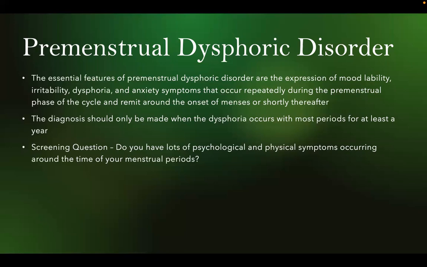So that's where the DSM-5 has that provisional diagnosis, or they very well might meet diagnosis for another disorder, but this is something that basically needs to be assessed for a year. Once the person comes to you, they may have had a year of symptoms, but if they've only had 6 months of this, you have to wait another 6 months for this diagnosis. And then a screening question for this is, do you have lots of psychological and physical symptoms occurring around the time of your menstrual periods?